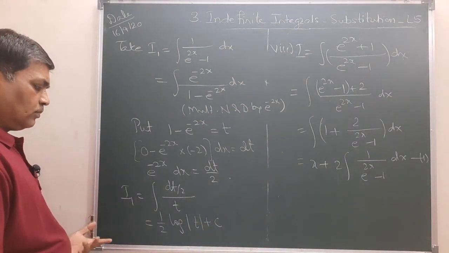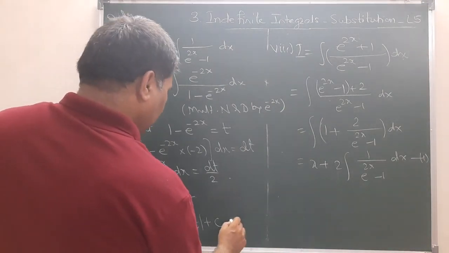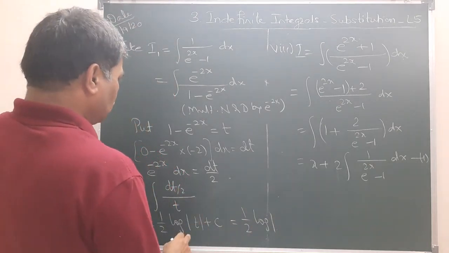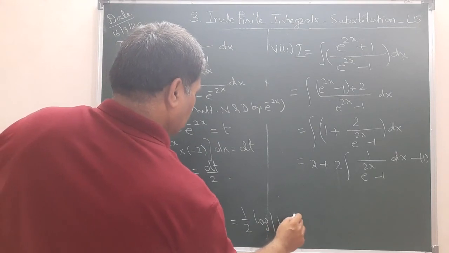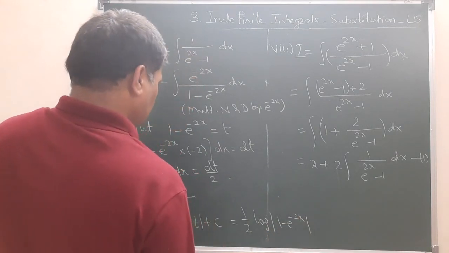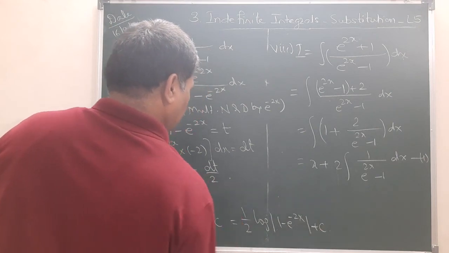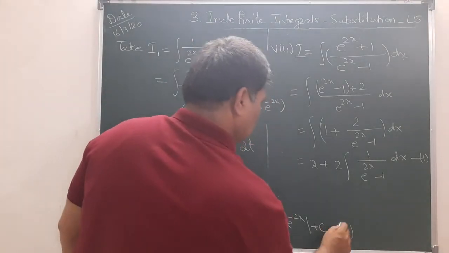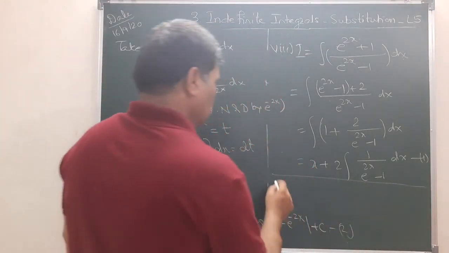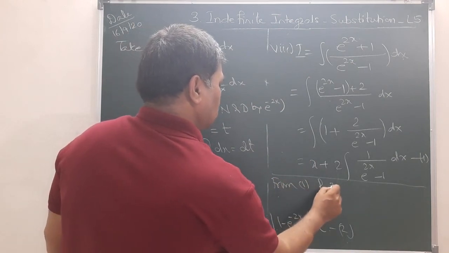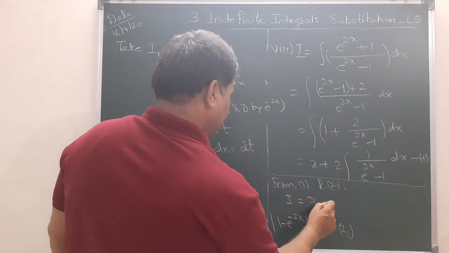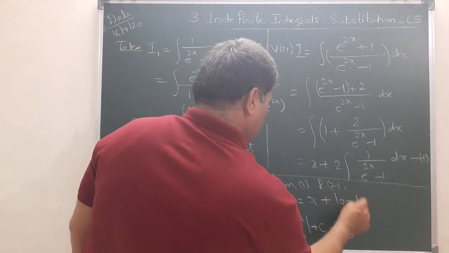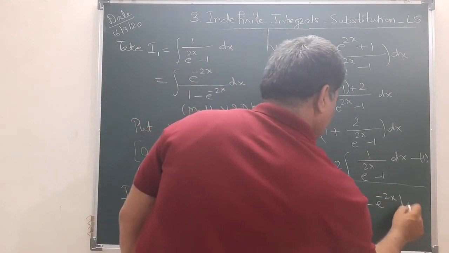And then we will get 1/2 times log of mod of 1 minus e raised to minus 2x plus c. Substitute that value there. From 1 and 2, your I will become x plus, this 2 and this 2 get cancelled, log of mod of 1 minus e raised to minus 2x plus constant of integration c.